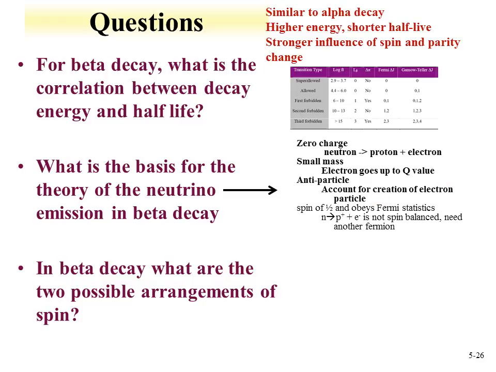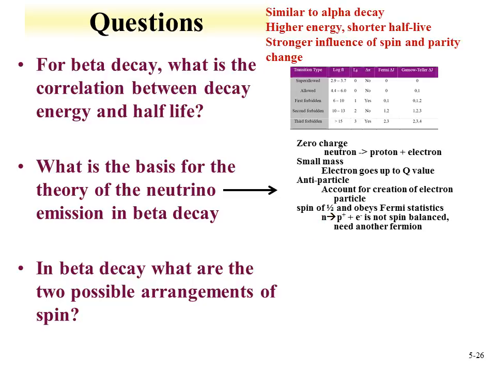Conversely, if we talk about positron decay, where a positron, which is antimatter, is produced, the neutrino is matter, so that's actually the neutrino. And also, this neutrino should have a spin of 1/2 and obey Fermi statistics. Since a transition where a neutron goes to a proton plus an electron is not spin balanced, there's a need for another fermion to account for a spin of 1/2 and balance the equation.